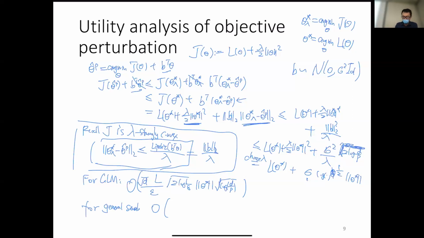So now we'll just get d L over epsilon 2 log 1 over delta, and everything else is the same.